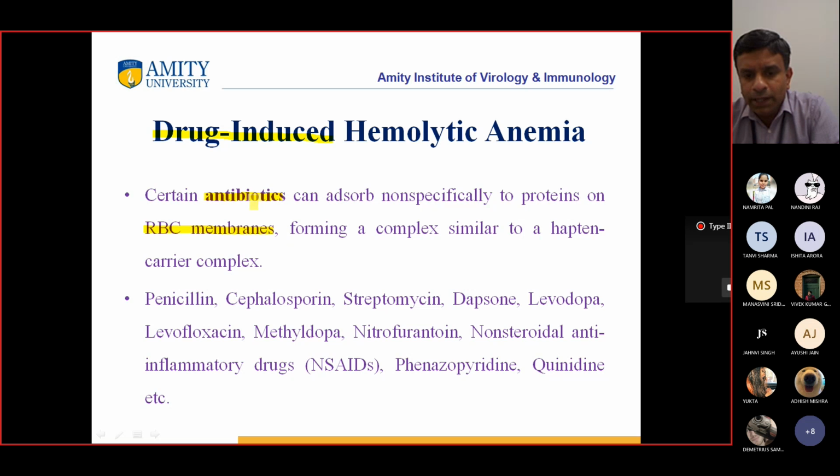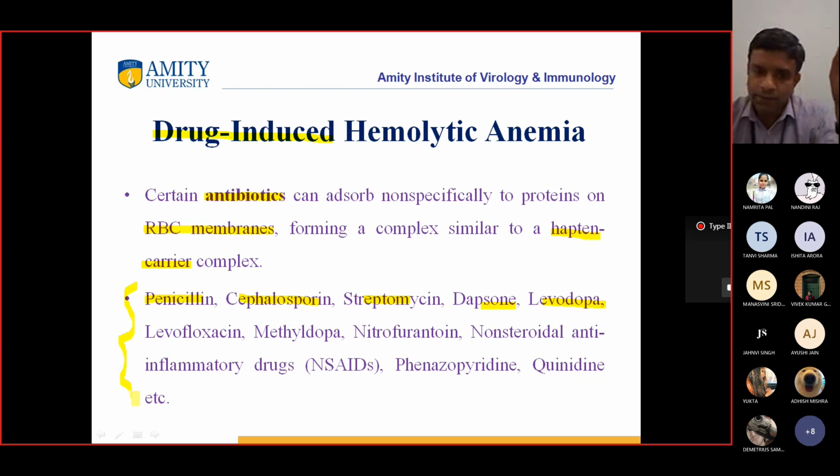When antibiotics and RBC form a complex, it is similar to the hapten carrier complex, which we have already discussed. A lot of antibiotics like penicillin, cephalosporin, streptomycin, dapsone, and many other drugs can induce hemolytic anemia, or type 2 hypersensitivity reaction.